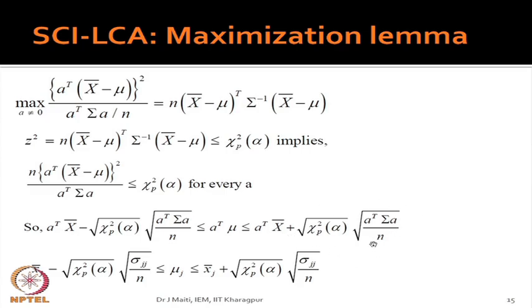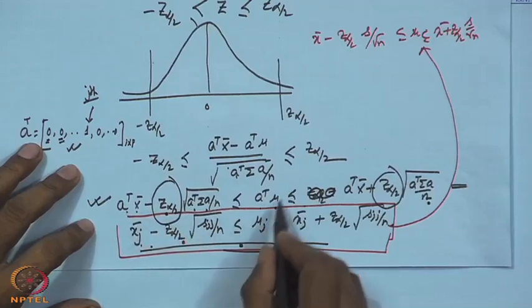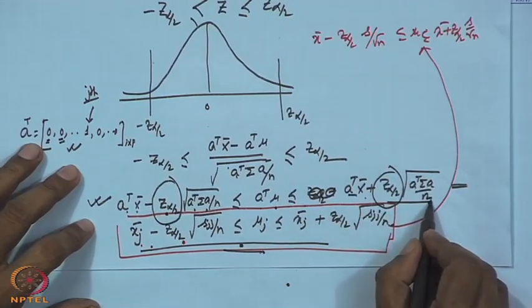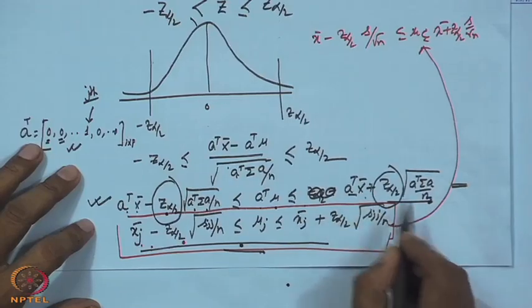What is the problem? The paper also says the same thing I have written: this minus this less than or equal to this, less than or equal to this plus this. This is plus.